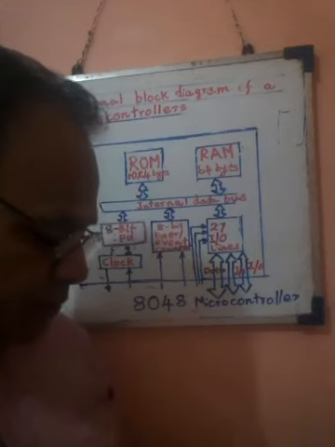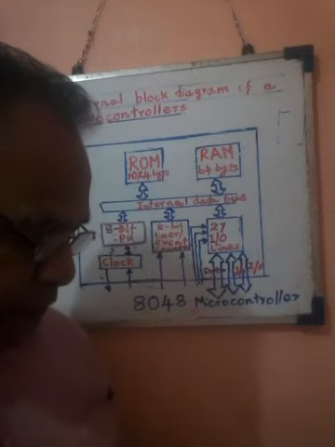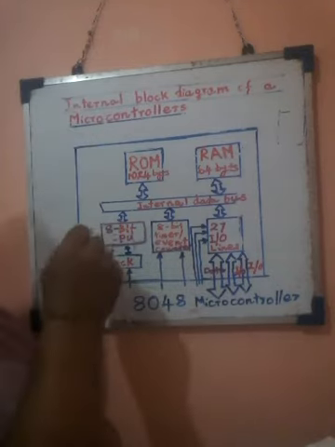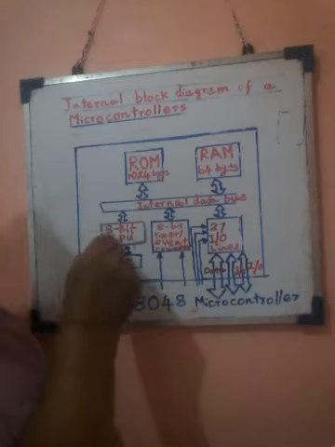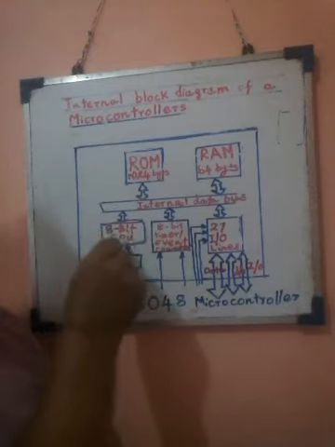Number six, most microcontrollers have a 4 or 8-bit CPU. Here the CPU is also mentioned in this block. It is a very important part of the microcontroller, the central processing unit.